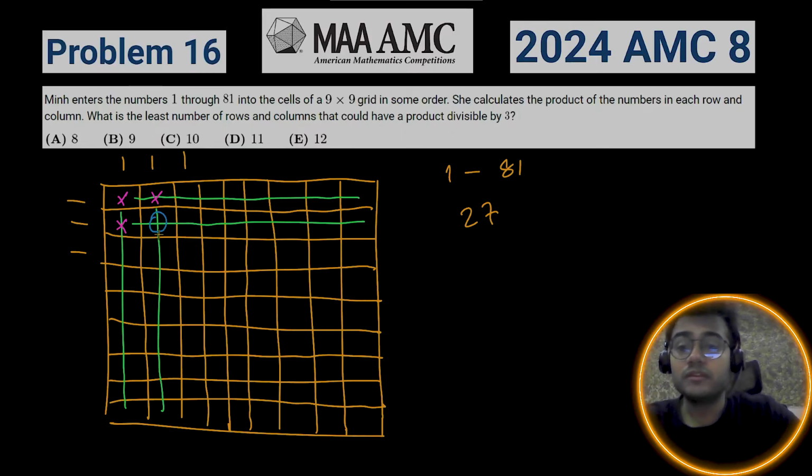Why is that? Because if you place a number here, that row and column is already eliminated. So this one is not gonna make a difference. So we want to maximize these kind of intersections because they give us free spots where we can place these multiples of 3 and not eliminate any rows or columns. So that's good. See, so for 4 numbers, this would be the most optimal configuration.